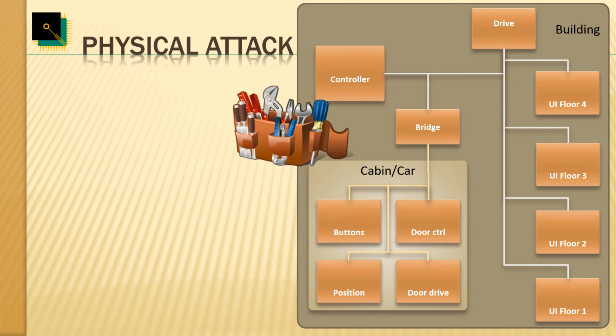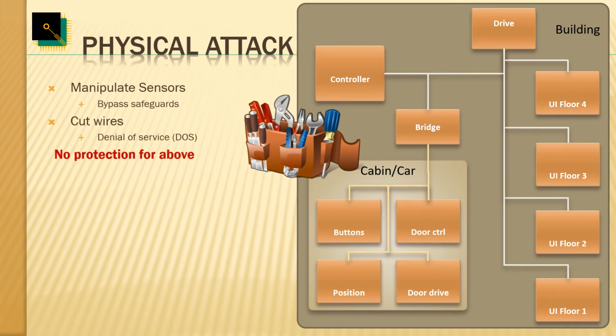Physical attacks can include manipulation of sensors to bypass safeguards. Maybe here somebody manipulates the scale built in so that potentially the car could be overloaded. By cutting the wires, you would have a denial of service attack, so the system would stop from working. And these are the things we cannot protect on the CAN side.